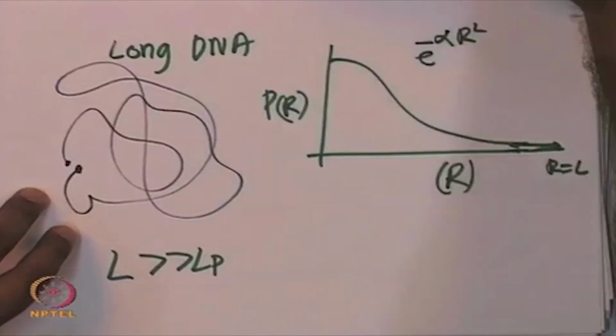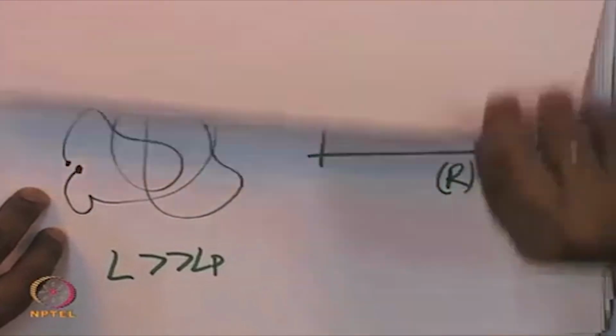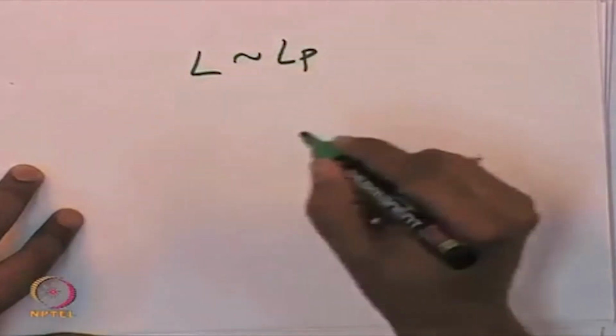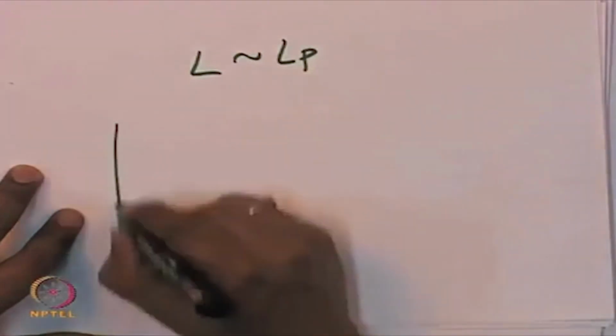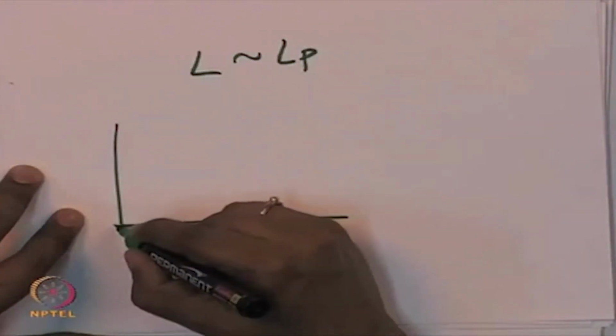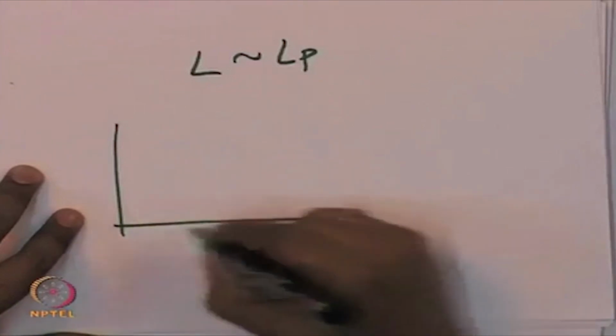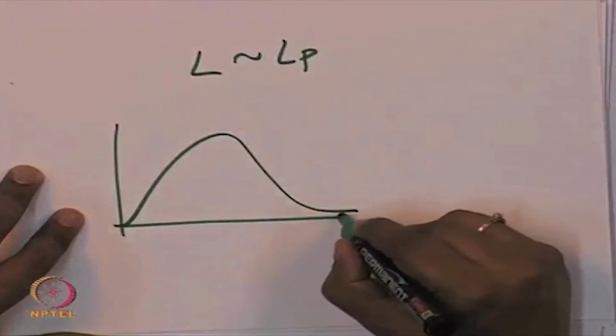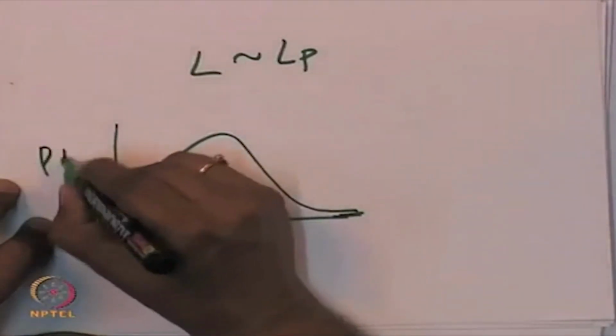So, for a DNA for which the length L is comparable to the persistence length, what you will get is something like this. P of r versus r.